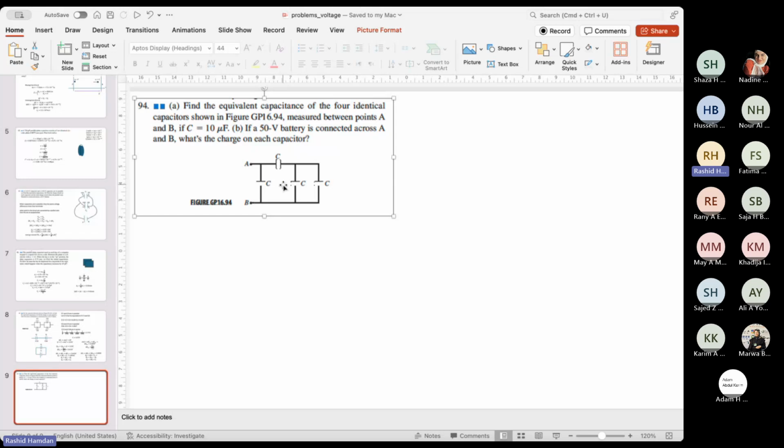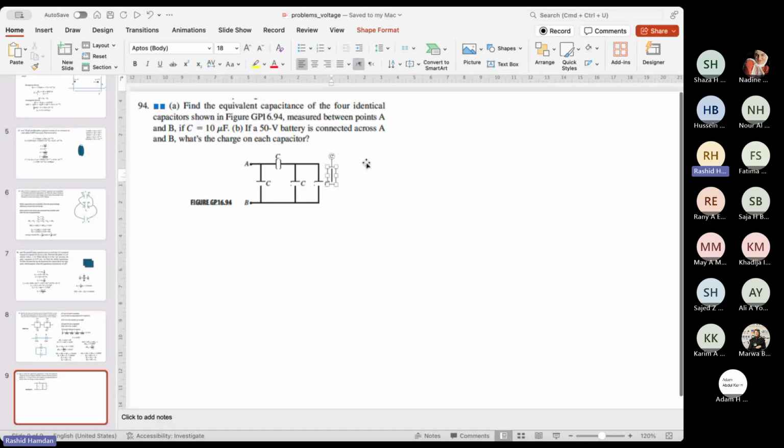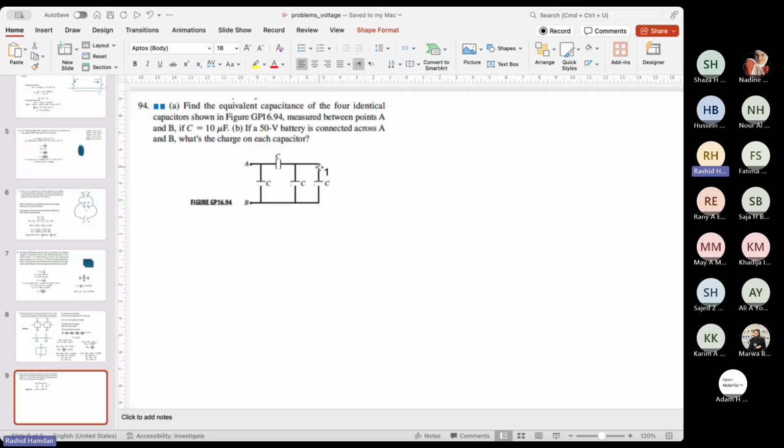Now, even though they are equal capacitors, let's label them because they are connected differently, so they are different from each other. I'm going to start from here, so I'm going to label this one capacitor 1. This one I'm going to label 2.